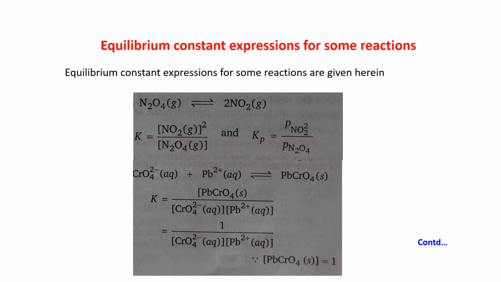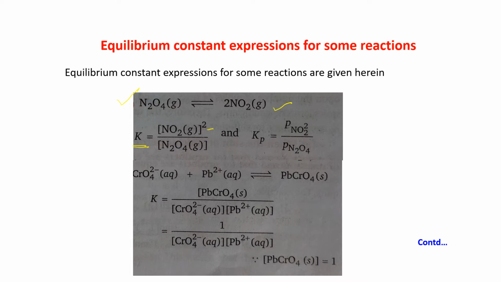Now, equilibrium constant expression for some reactions in this category, we will see here how to calculate the equilibrium constant for the reaction N2O4 gas giving you 2NO2 gas. Equilibrium constant K is equal to NO2 gas to the power 2.